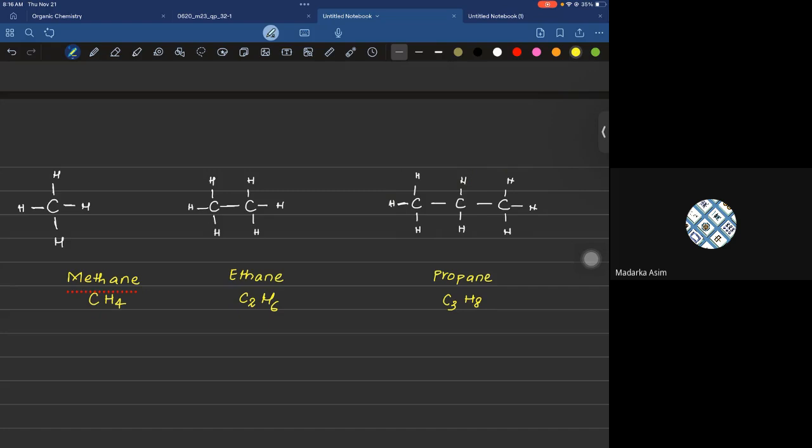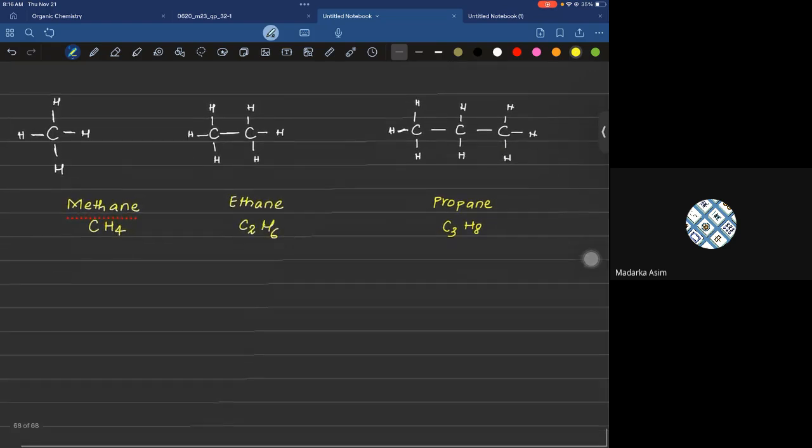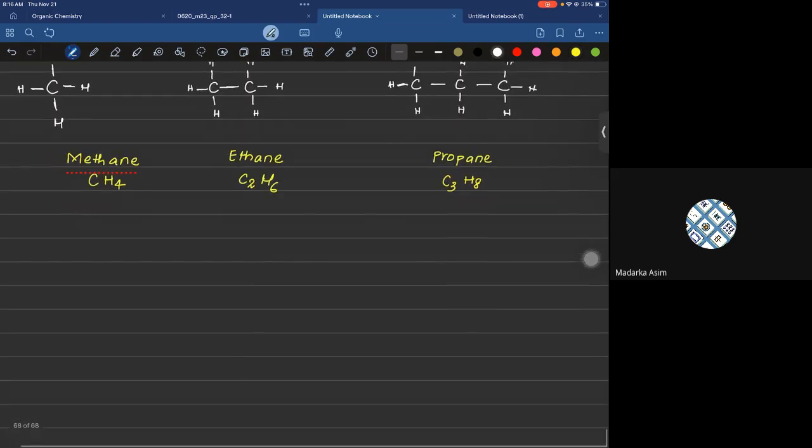Then four carbon atoms, like one, then two, then three, and then four. When I draw the structure of four carbons, now you can see this H, H, then H again, then H, then again and again. Now, how many carbon atoms do you have?